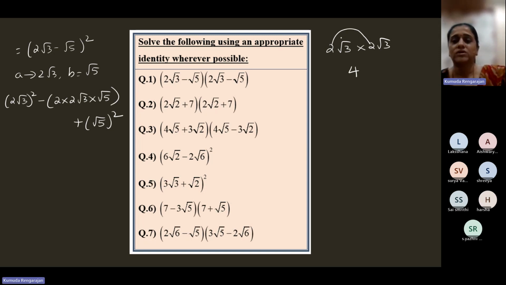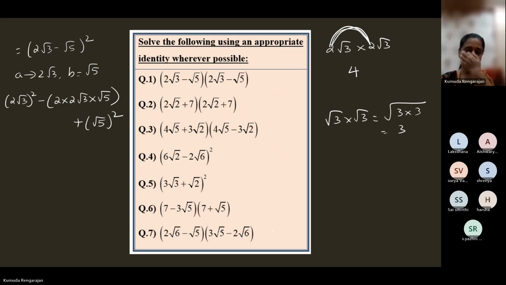Multiplication, just do. Multiply the rationals, 2 2s are 4. Multiply the irrationals: root 3 into root 3 is root of 3 into 3, which is 3. Root 5 into root 5, 5.